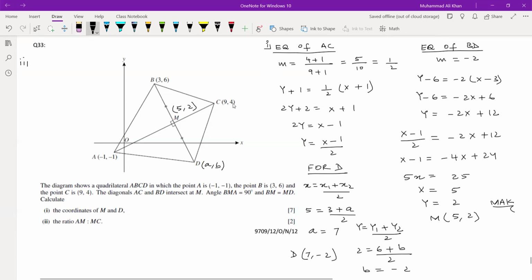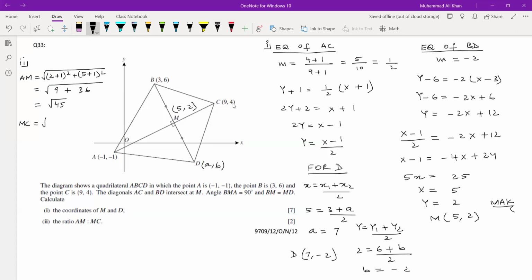Calculating AM: 2 plus 1 whole square plus 5 plus 1 whole square. 2 plus 1 is 3, 3 square is 9, 5 plus 1 is 6, 6 square is 36. So it is under root 36 plus 9, 45.